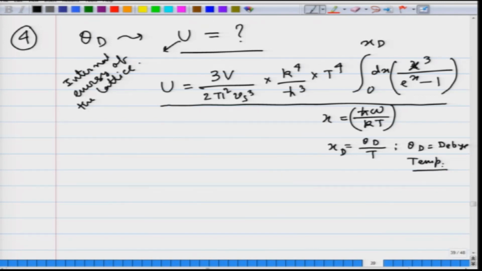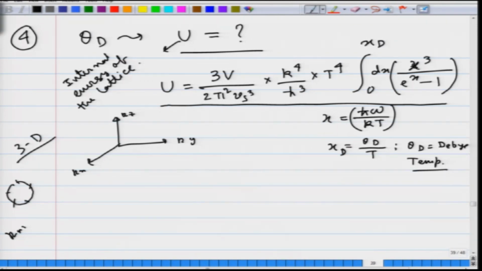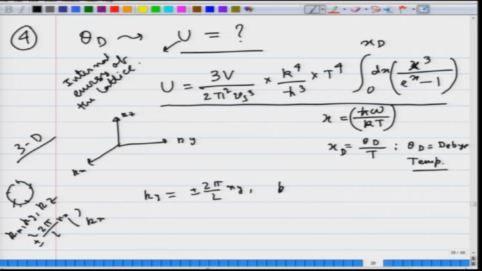Okay. So now this is for 3D. Suppose this is your kx, ky and kz. If we use periodic boundary condition, kx, ky, kz will have values kx equals plus minus 2 pi by L into nx, ky will have the value plus minus 2 pi by L into ny, and kz similarly into nz. We can get this from the periodic boundary equation, it is just trivial.